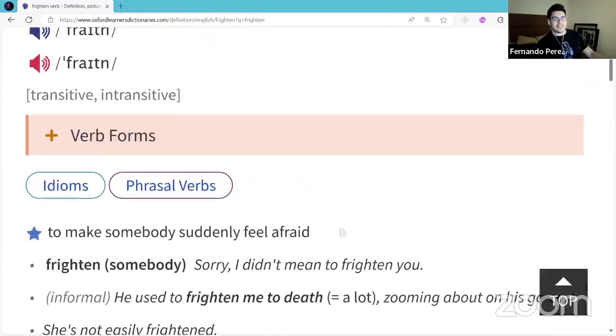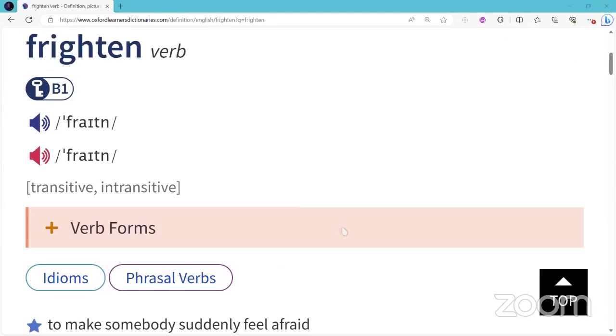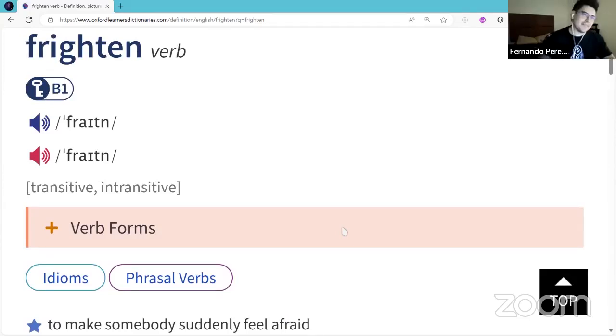The word frighten is used because if somebody tries to damage you, you will get frightened. That's common. There you have it. You know exactly what we mean.